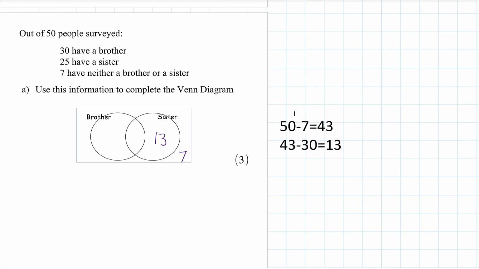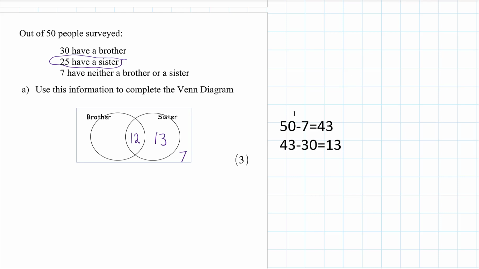Now, if we look at the information here, we have 25 people who have a sister. So that means there are 12 who have a sister but also have a brother, because 12 plus 13 will give us 25. Now this has become very easy, because we can now find the missing number on the left hand side for the brother.